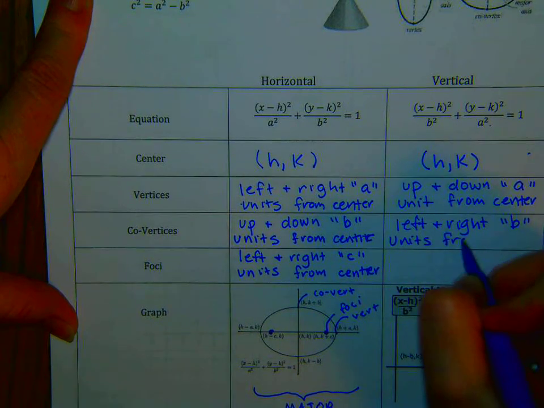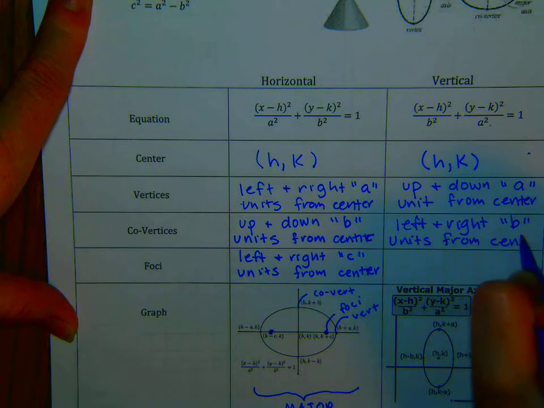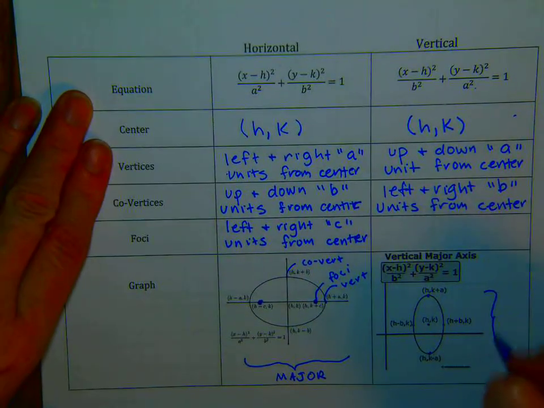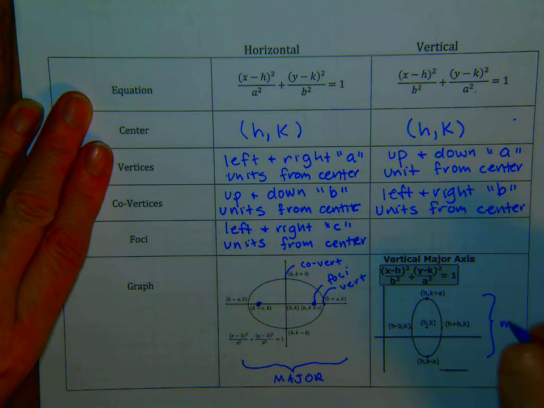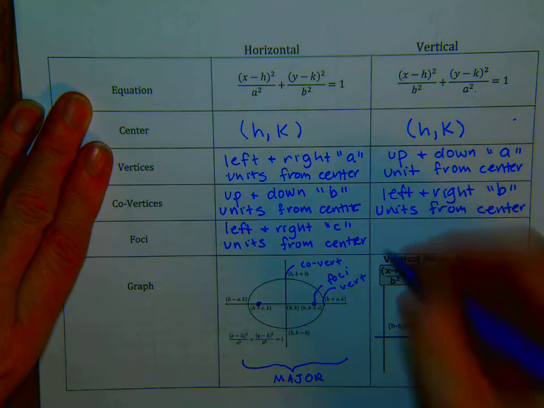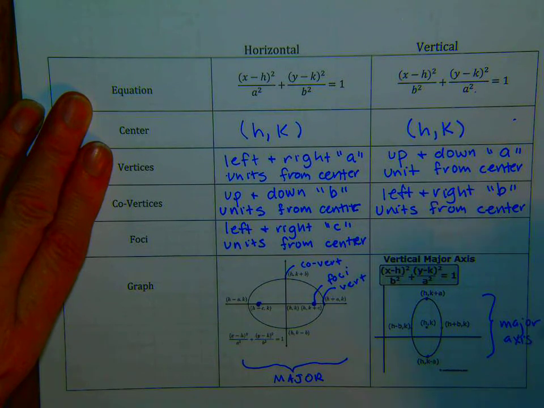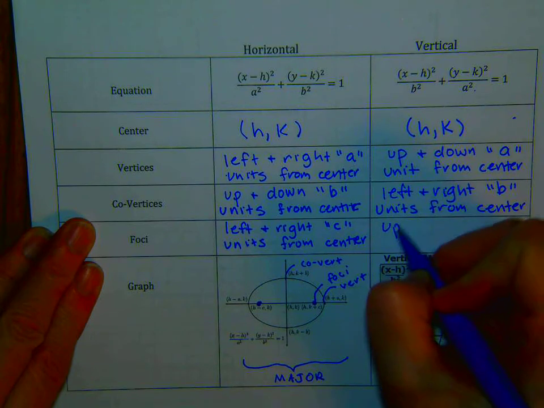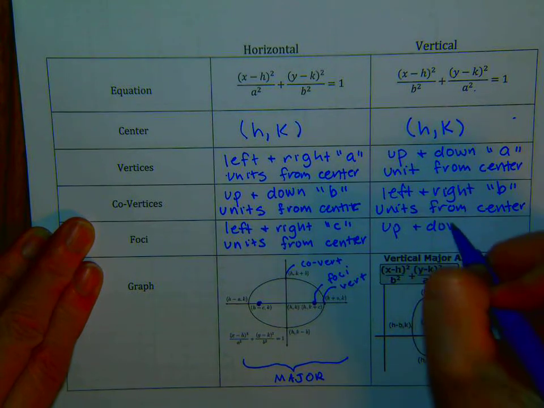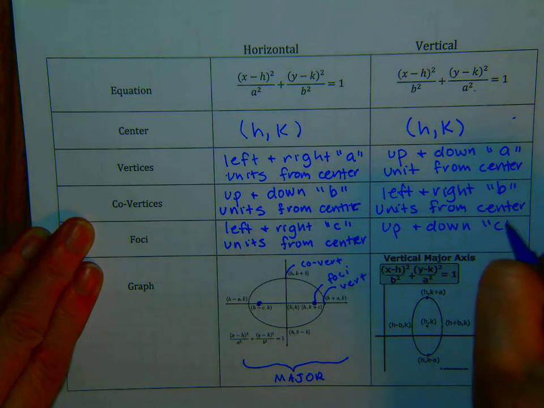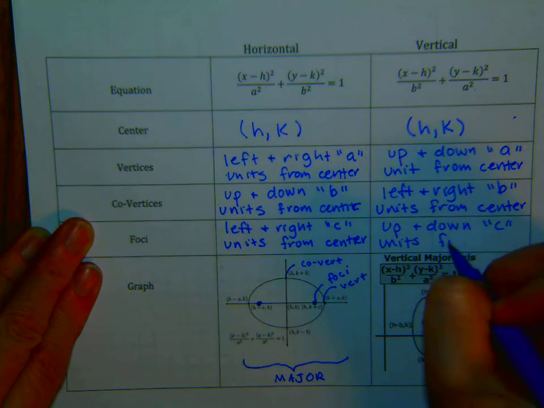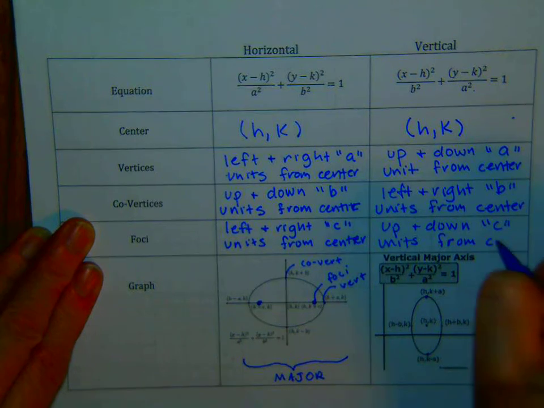Okay, and because our major axis, let's label it, this is the major axis, is along the y-axis, then our foci are going to be up and down, c units from the center. So let's label that.